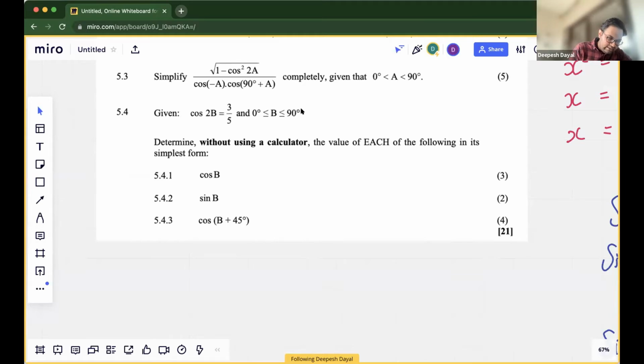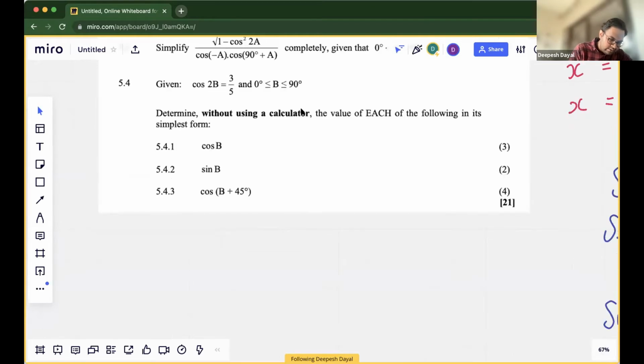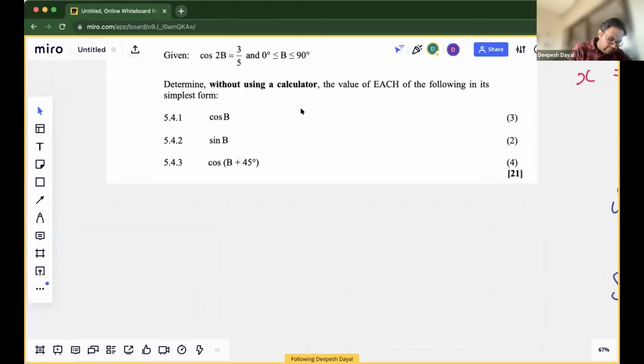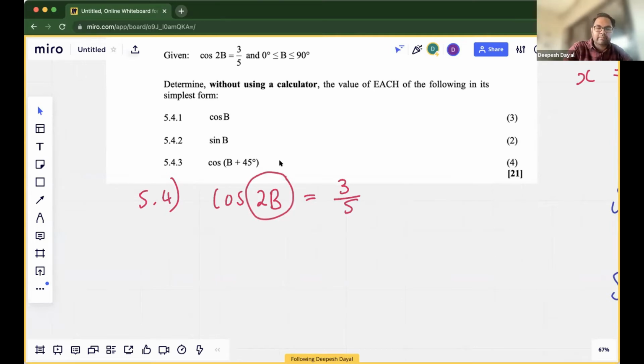I'm going to say here cos 2b equals 3 over 5. But that's 2b, so we're going to use some of the cos rules in order to simplify that. Now cos 2b equals 3 over 5, but we know 2b tells us about double angles.